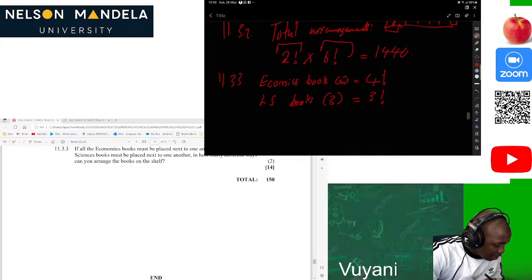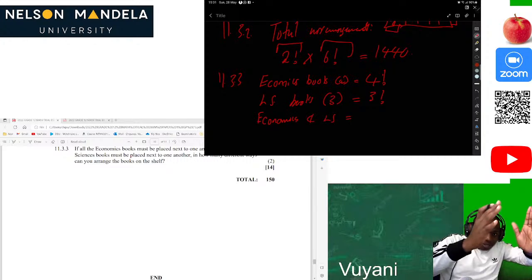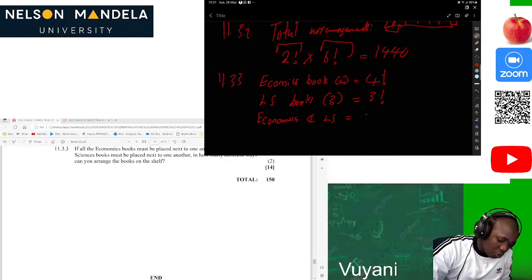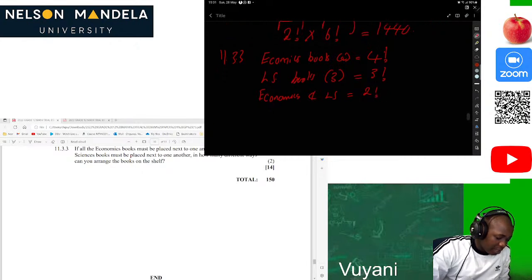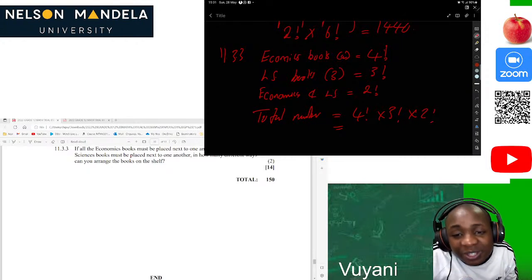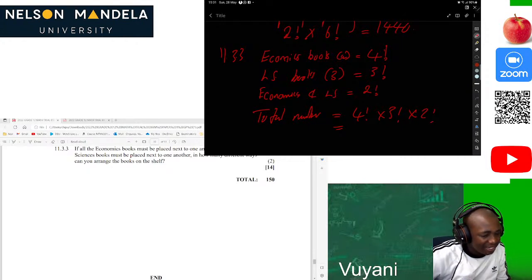Then economics and life science, treating them as 2 groups, that should be 2 factorial. So the total number should be 4 factorial times 3 factorial times 2 factorial. Then you use your calculator, then you get your correct answer.